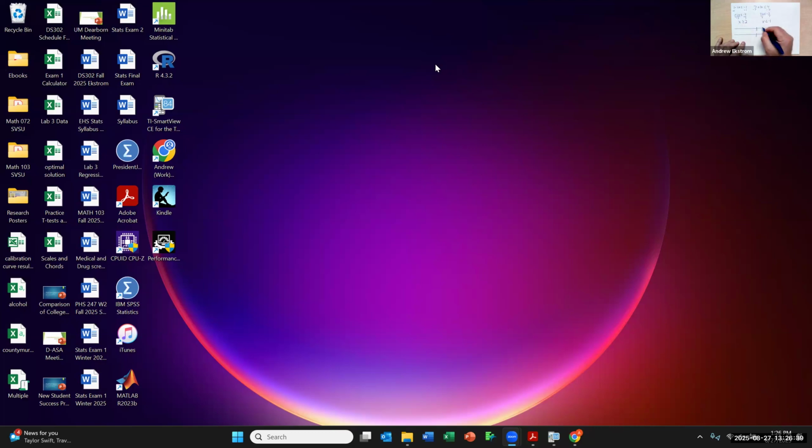X has to be greater than or equal to 2, so a filled-in dot, then it's going to go out this way. Here we've got -1, and this is saying x has to be less than or equal to -1. So we've got that whole thing and everything behind us.